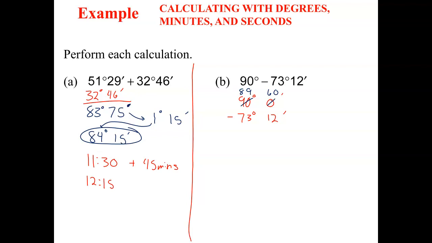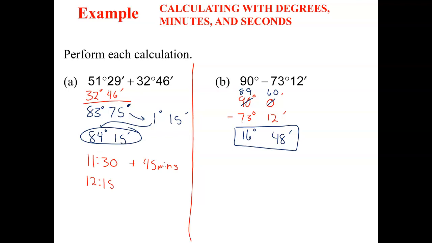Now I can do the subtraction. So 60 minus 12. 48 minutes. And then instead of 90 minus 73, I'm going to do 89 minus 73. So 16 degrees and 48 minutes.